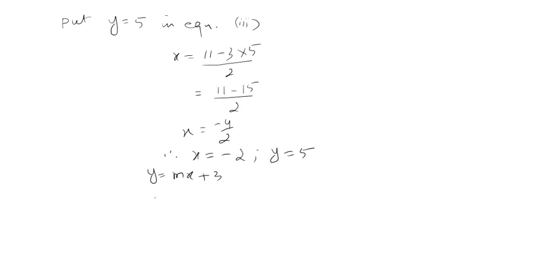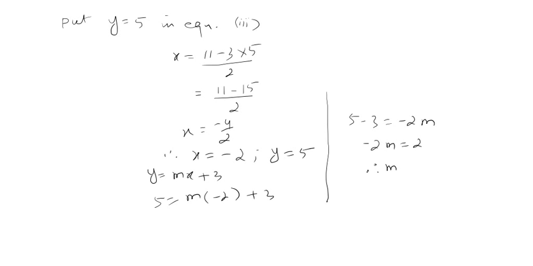So y is 5, m we do not know, x is minus 2. So 5 minus 3 is equal to minus 2m. This 3 is transferred here, so it is like this. So minus 2m is equal to 2. Therefore m is equal to minus 1. They were asking what is the value of m, so m is minus 1. That is the solution. Right?